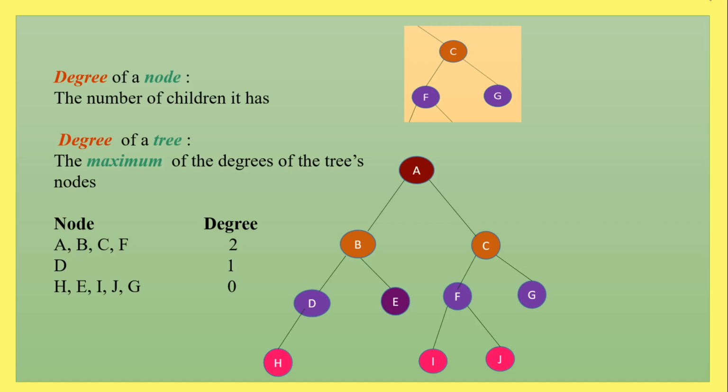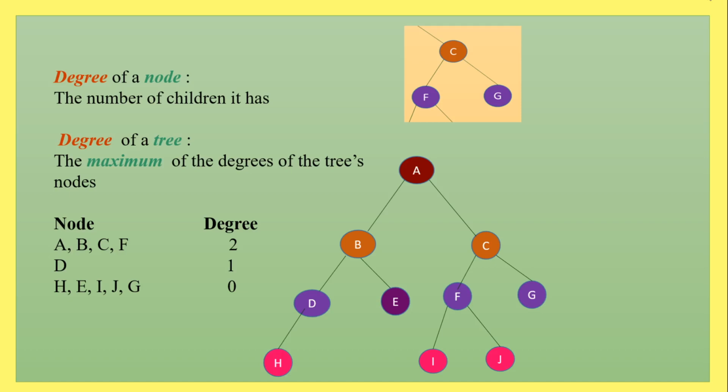Degree of a node and degree of a tree. The number of children it has is the degree of a node. Here consider the diagram. I have taken C as a node, and how many children does it have? 2. Then the degree of the node is 2. If you observe the second diagram, you can take any node in this tree structure.